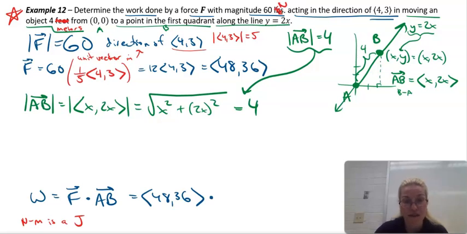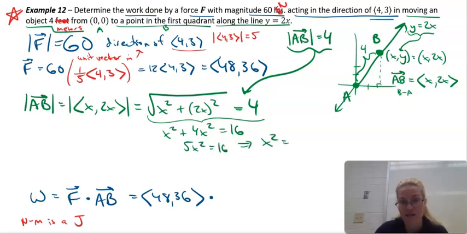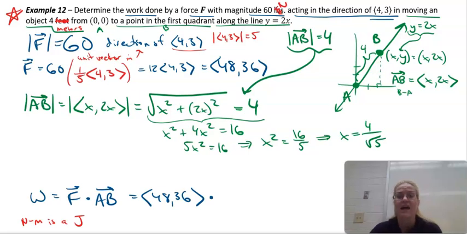All right, so then solving this, what can I say? If I square both sides, that means x squared plus 2x squared, which is 5x squared, is going to equal 16. So x squared is 16 fifths, which means x is going to equal 4 over the square root of 5. And how do I know that it's positive and not plus or minus?